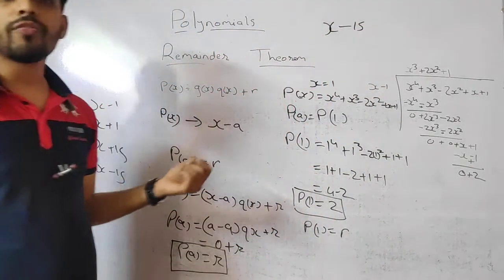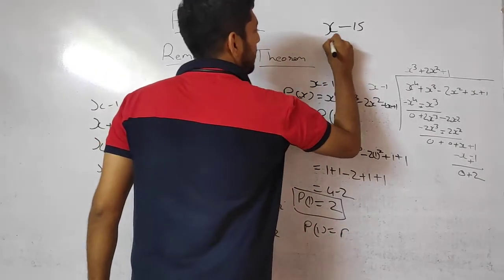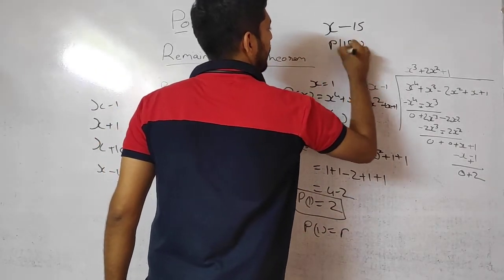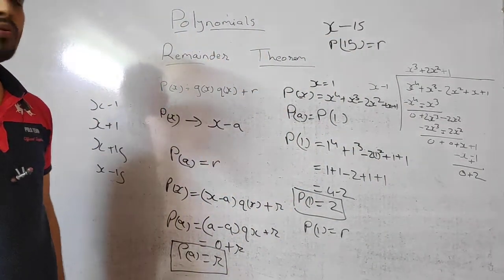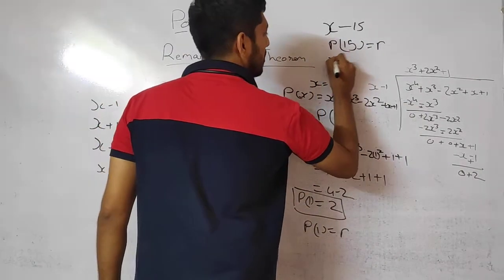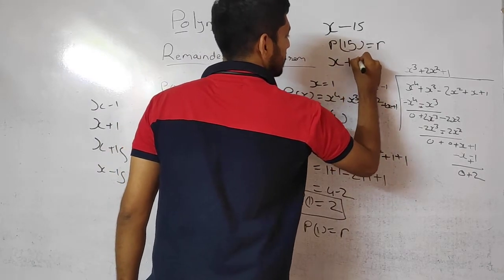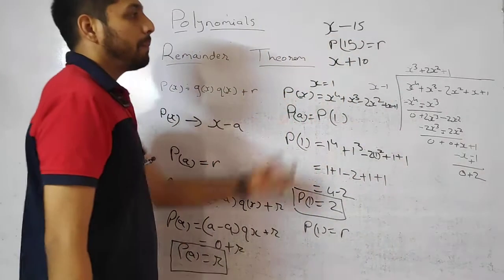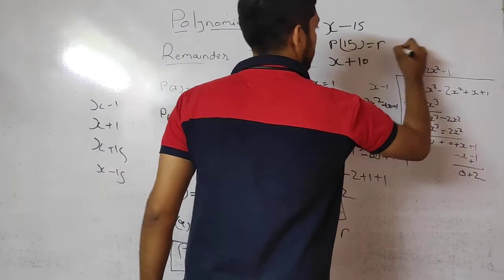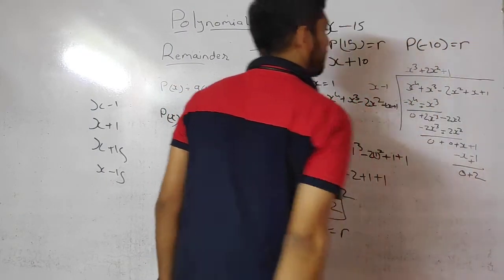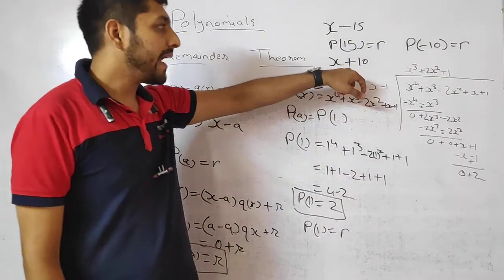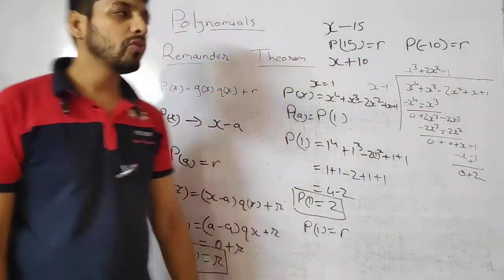Then what you need to find out is p of 15, which will be equal to the remainder. Let us take another example. Suppose it is given x plus 10. Then p of minus 10 will give you the remainder.